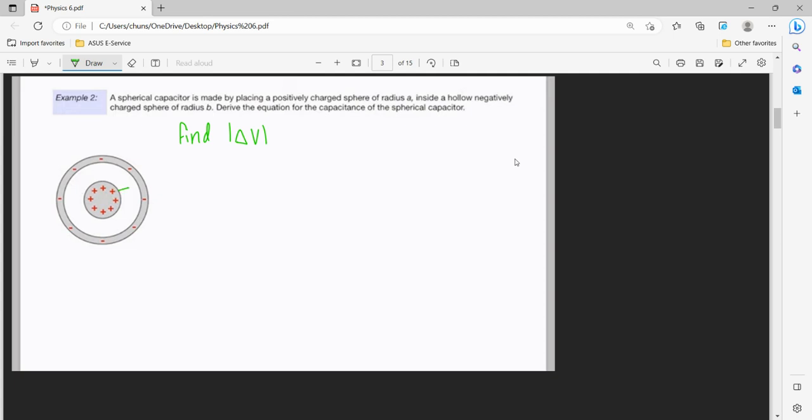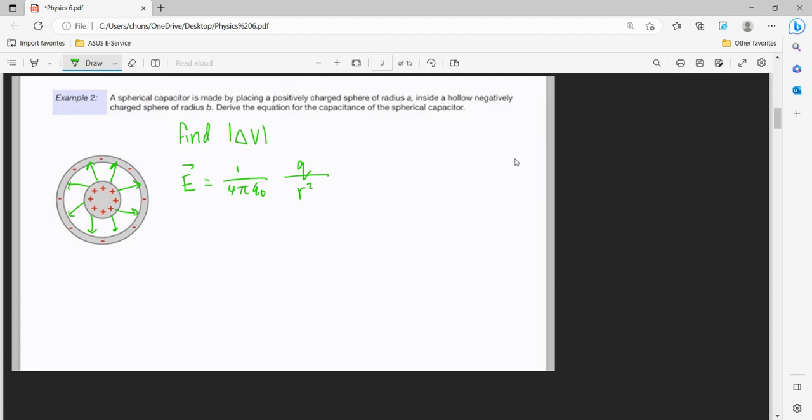And we know electric field is directed from positive to negative, so these are going to be directed radially outwards. Our equation for this electric field is given by 1 over 4 pi epsilon 0 times our charge, because the charge quantity on both these is the same, over r squared.